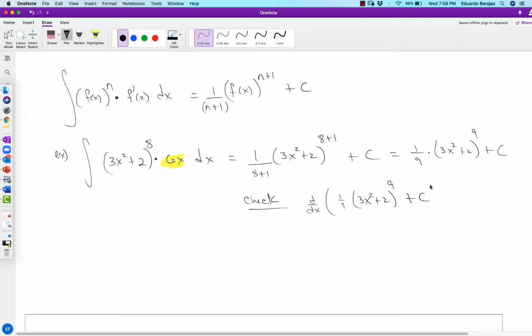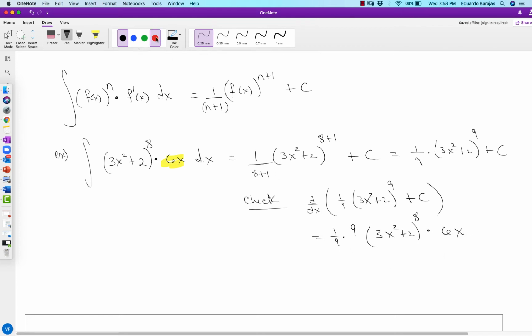power plus some constant. Okay, so using the chain rule, we bring down the 9. That's going to be equal to 1/9 times 9, (3x squared plus 2) raised to the 8th power times the derivative of the inside function, which gives us the 6x.